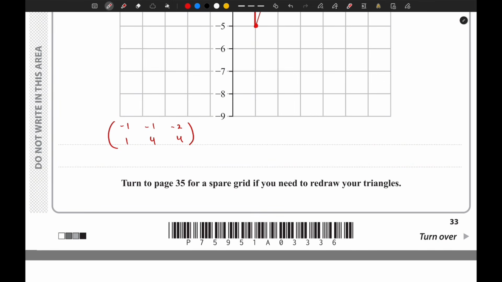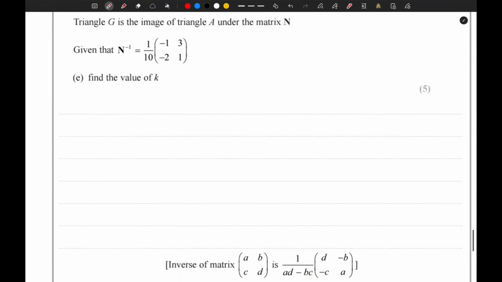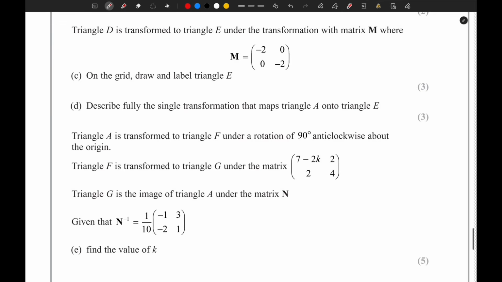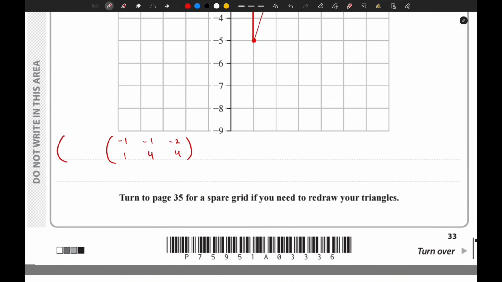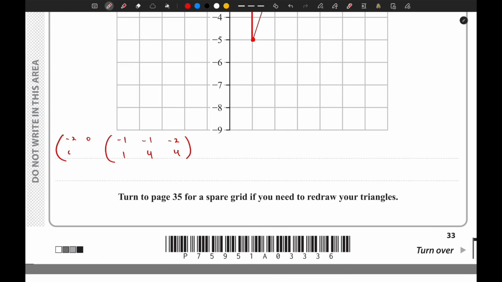Now if I multiply this by the matrix M, I will get triangle E. So that's minus 2, 0 and 0 and minus 2. So the resultant matrix will be 2 minus 2, 2 minus 8 and 4 minus 8.